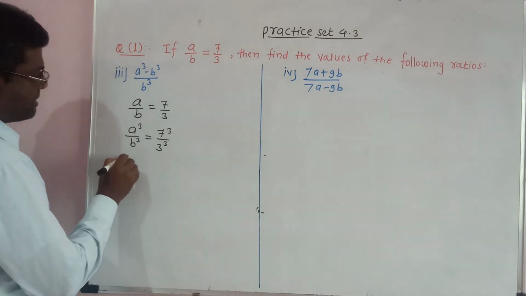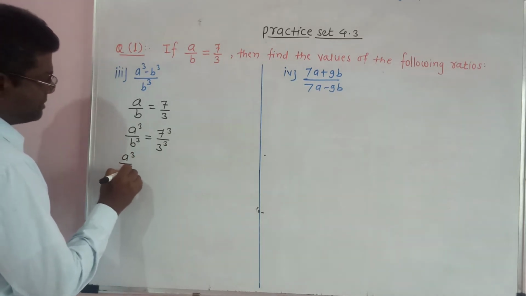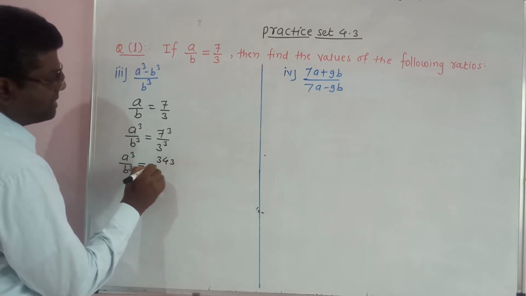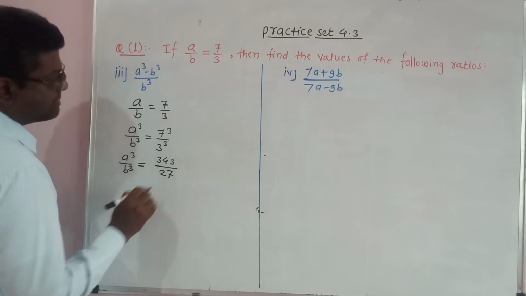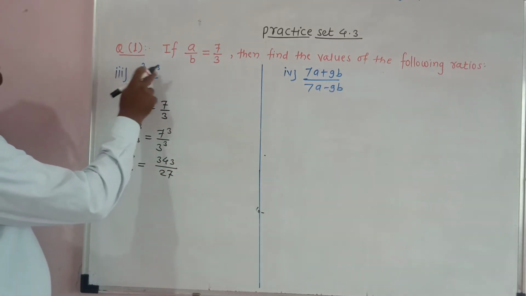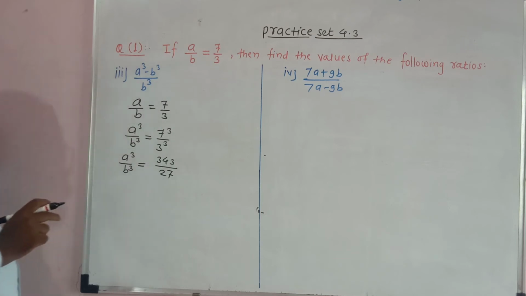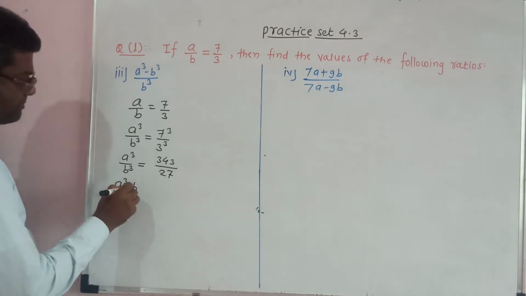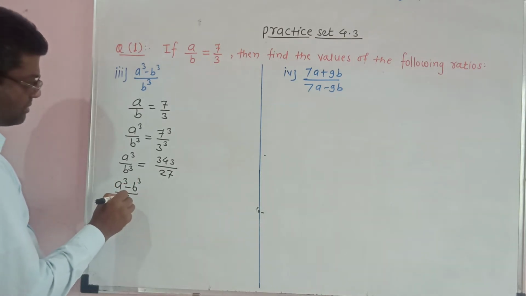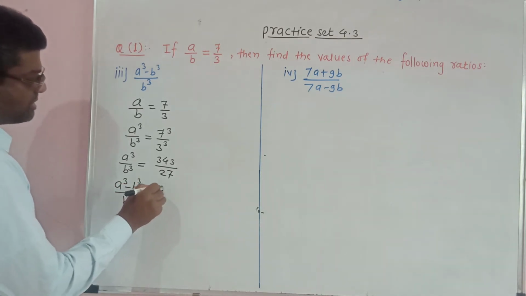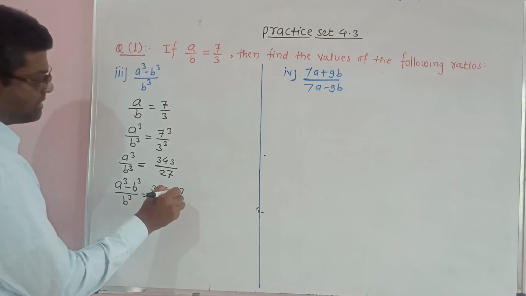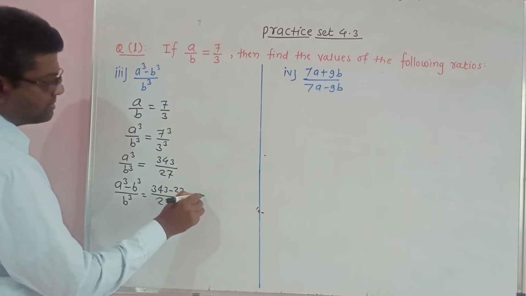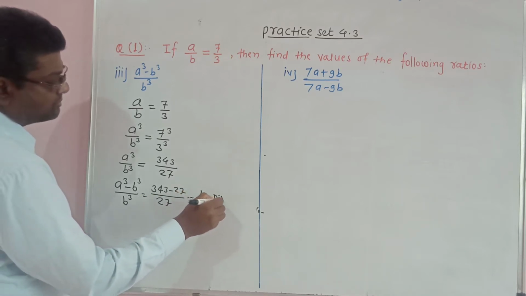Now a cube upon b cube is equal to 7 cube upon 3 cube, which is 343 upon 27. Now here a cube minus b cube upon b cube, it is a dividendo. Therefore a cube minus b cube upon b cube is equal to 343 minus 27 upon 27, by dividendo.